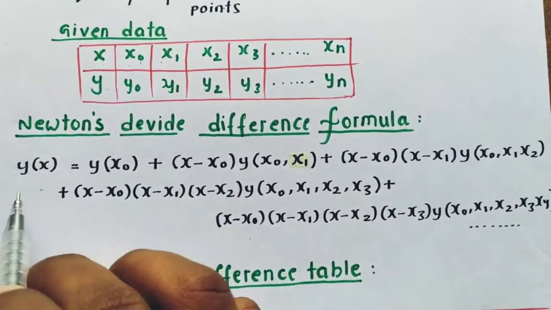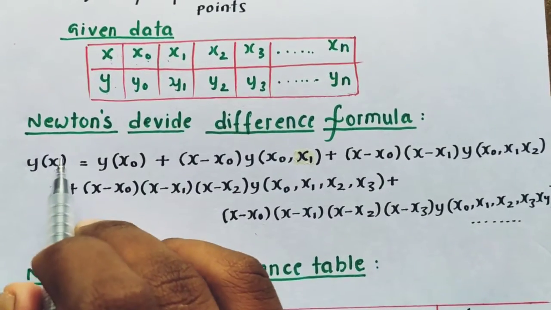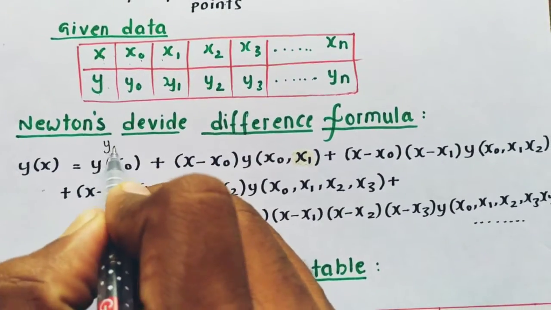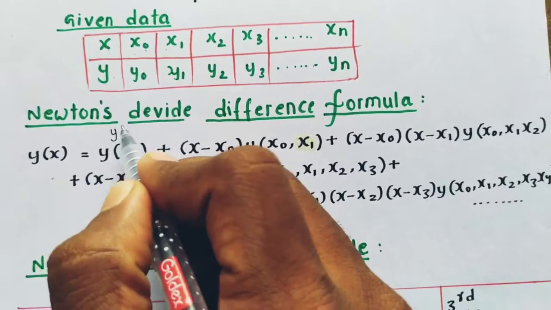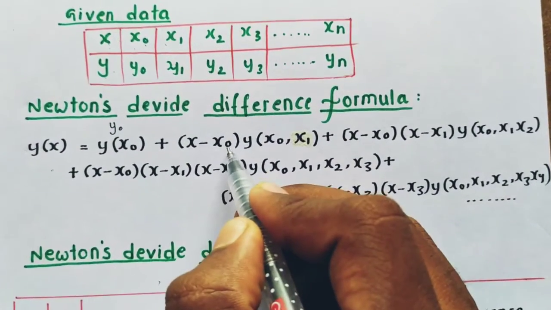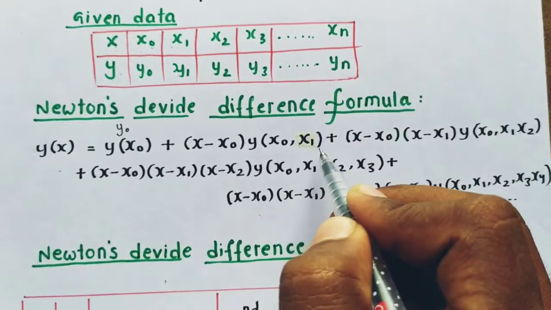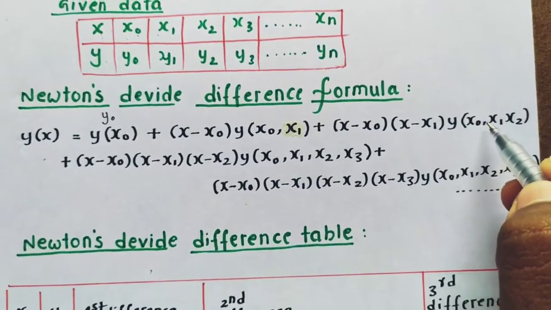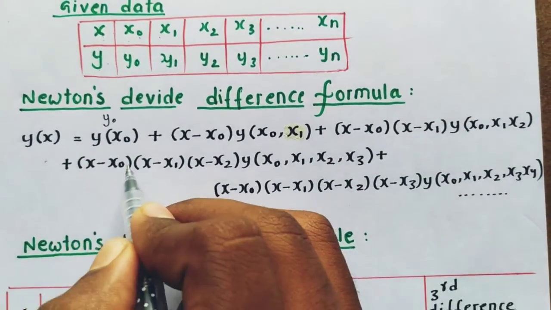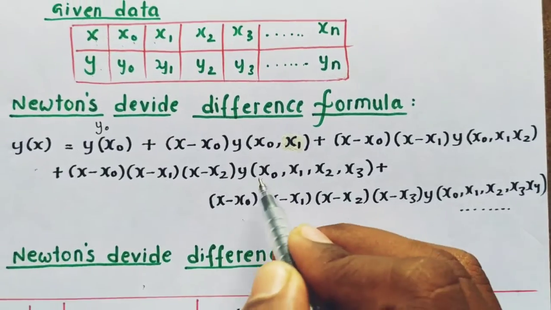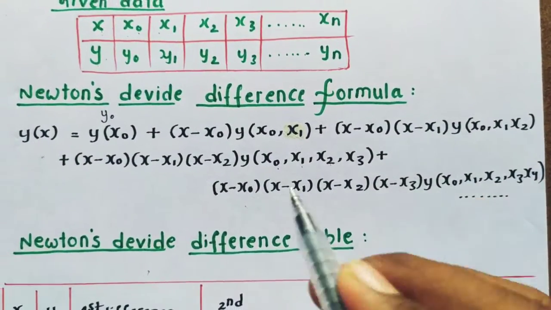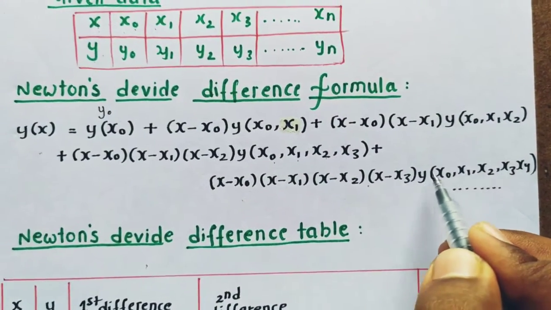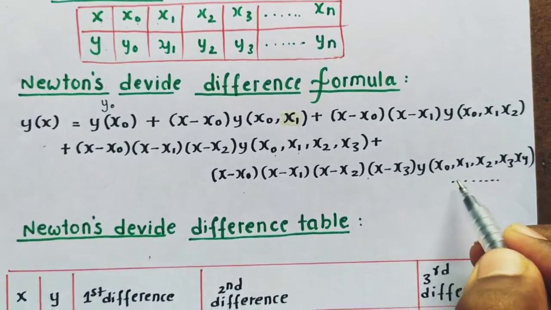Newton's divided difference formula can be represented as y of x, which is the unknown function. The formula is y of x equals y0 plus (x minus x0) into y of x0 x1, plus (x minus x0)(x minus x1) into y of x0 x1 x2, plus (x minus x0)(x minus x1)(x minus x2) into y of x0 x1 x2 x3, plus (x minus x0)(x minus x1)(x minus x2)(x minus x3) into y of x0 x1 x2 x3 x4, and so on.